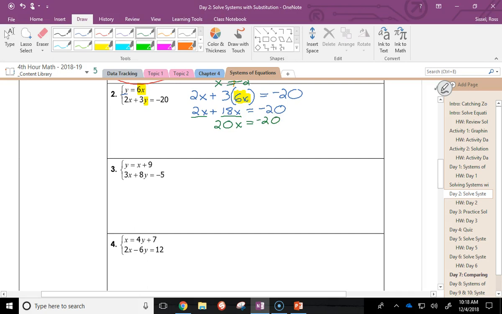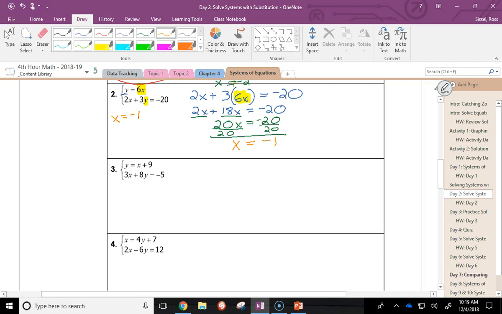Like Harrison told us on the last equation, when I have a coefficient in front of my variable, and that's all we have left, I have 20 times x, I'm going to divide. Divide by 20. Divide by 20. X equals negative 1. I'm going to go over here. X equals negative 1.